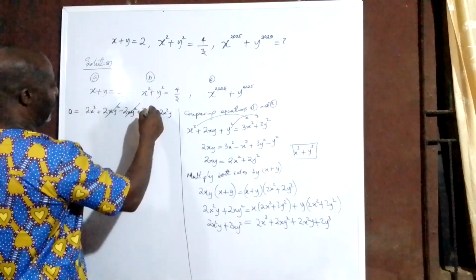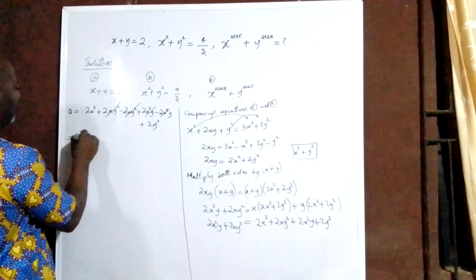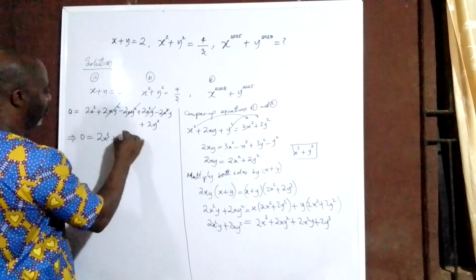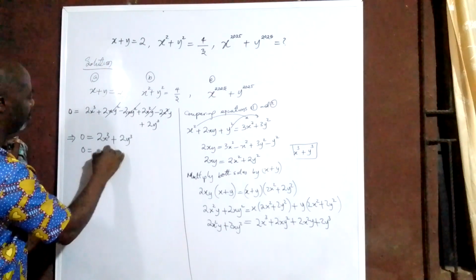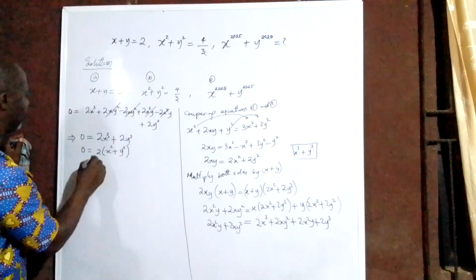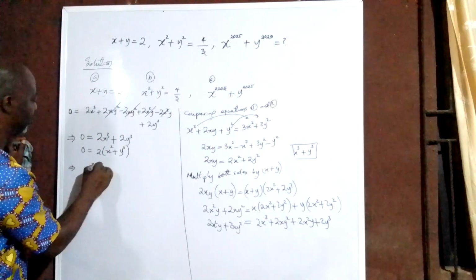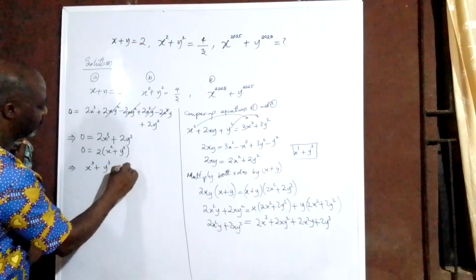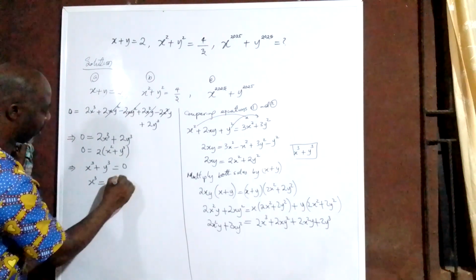So 0 is equal to 2x cubed plus 2y cubed, which is 2 times (x cubed plus y cubed). Since 2 is common, divide both sides by 2, so x cubed plus y cubed equal to 0. And this means x cubed equal to minus y cubed.